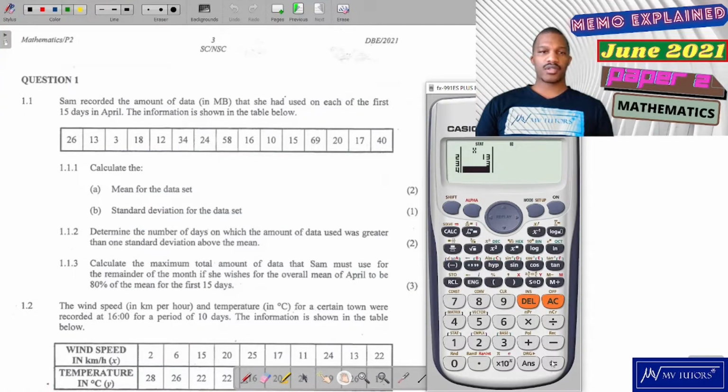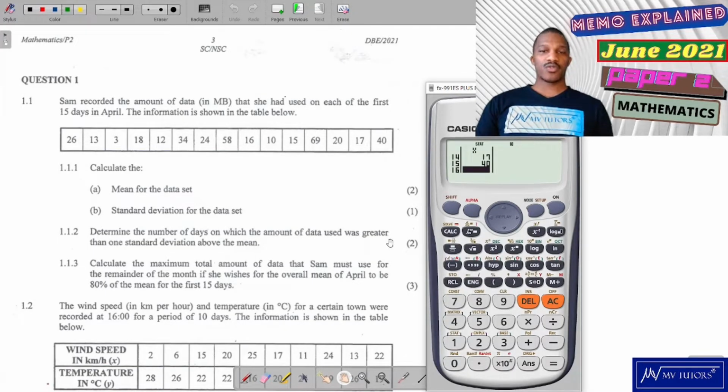The next one is 13, then 3, then 18, then 12, then 34, then 24, then 58, then 16, then 10, then 15, and then 69, and then 20, then 17, and then 40. Great, there's 15 of them, the first 15 days.